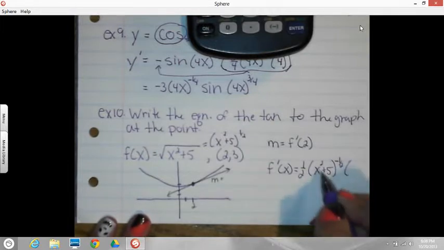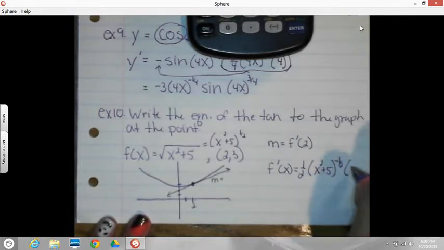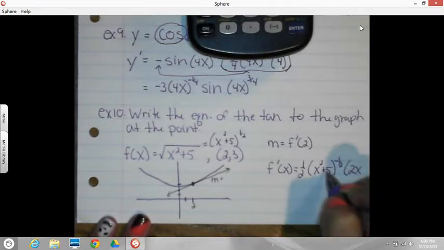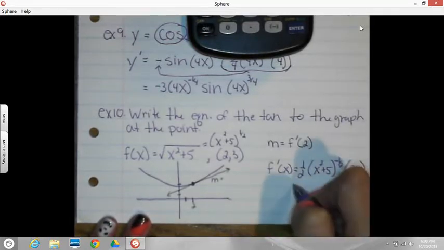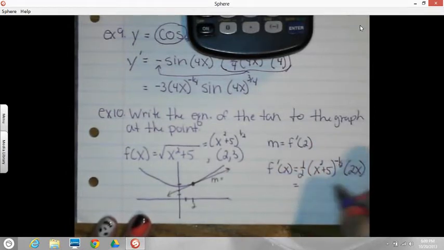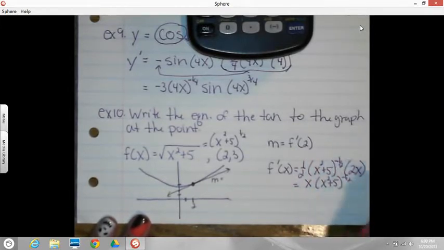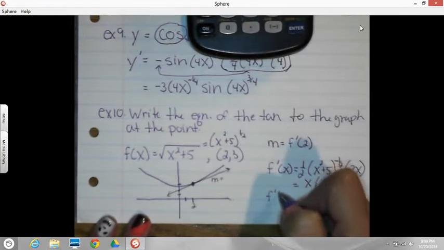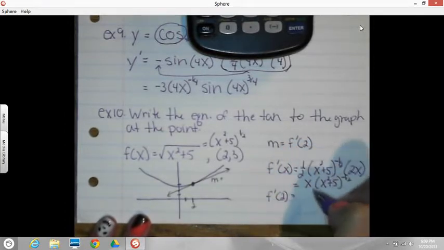Inside, I've got a x squared, so derivative is 2x. Derivative of 5 goes to 0. Just simplifying, bringing this to the front because the 1/2 times the 2 does simplify down to 1. x times x squared plus 5 to the negative 1/2. So now I can find f prime of 2 by plugging 2 in there.